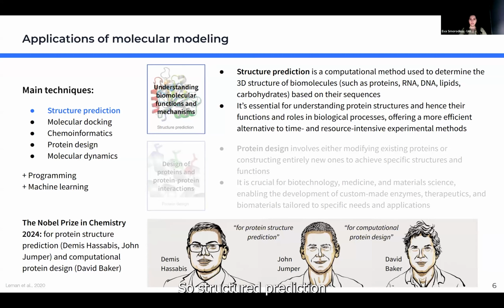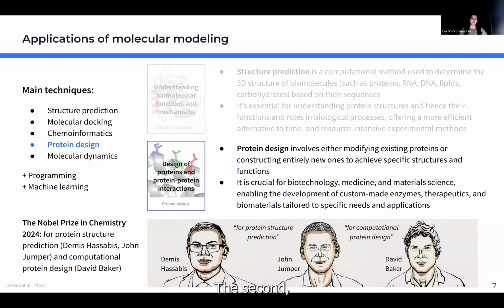So structure prediction is a computational method that allows you to get a 3D model of a biomolecule using only their sequences. For example, if you want to get a structure of an industrially important protein that can be a potential therapeutic, but you cannot get their structure in other ways.